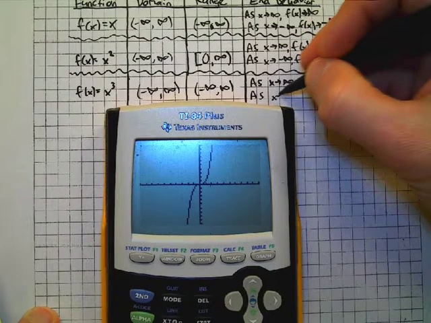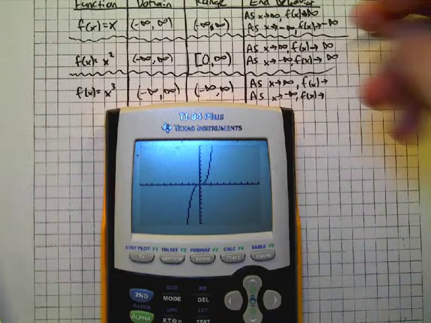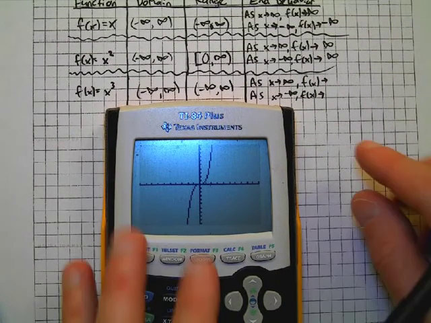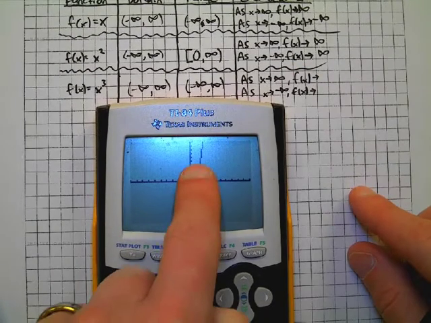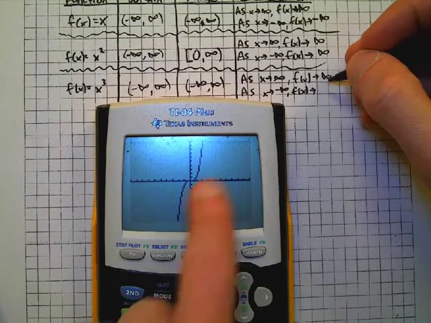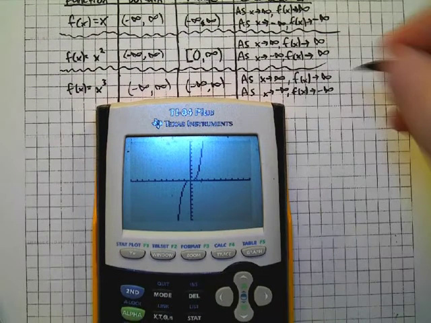As x approaches infinity, f of x is going to approach something. As x approaches negative infinity, f of x will approach something. Let's go to Jonathan. John, what do you say here, sir? As we go further and further to the right, what are our y values approaching? Infinity. And as we go further to the left, what are our y values approaching? Negative. There you go. Very good, sir. Just like that.